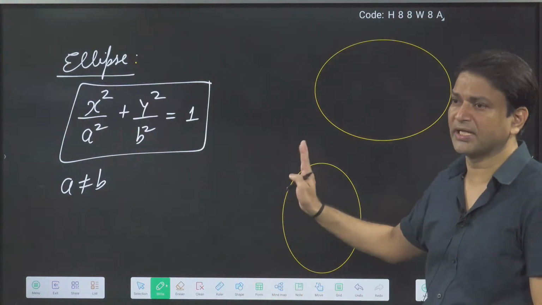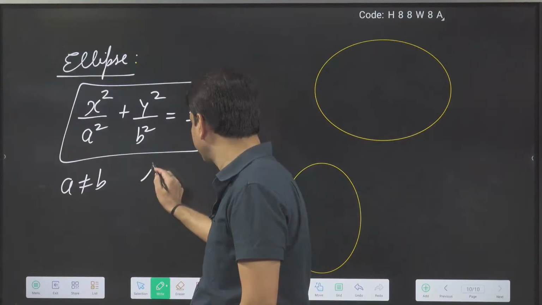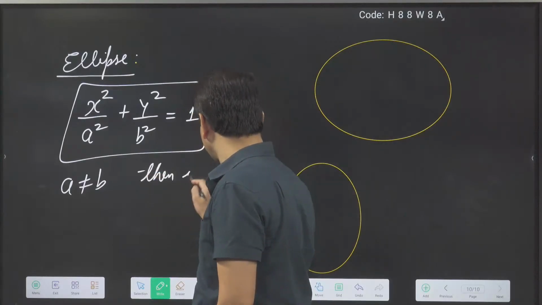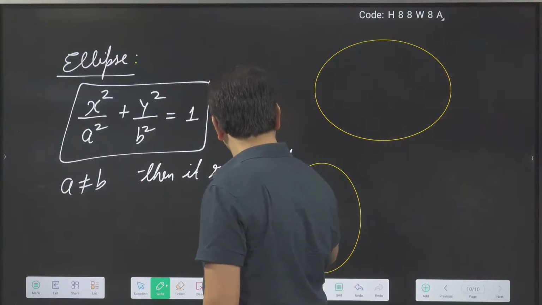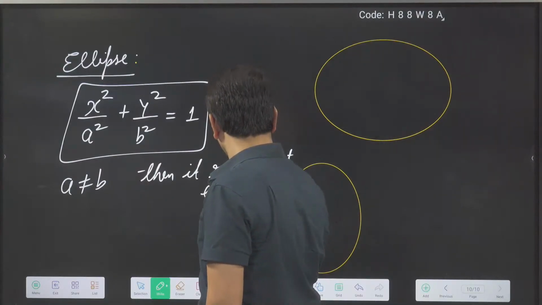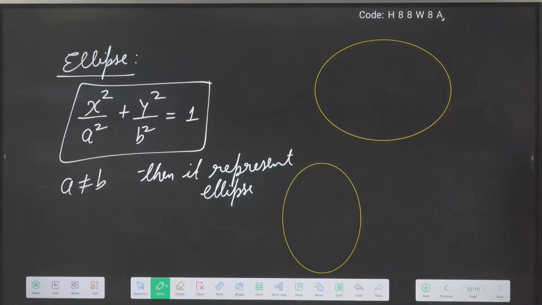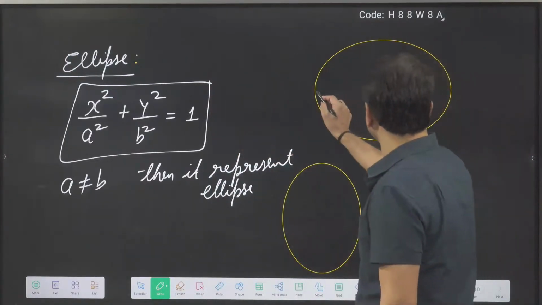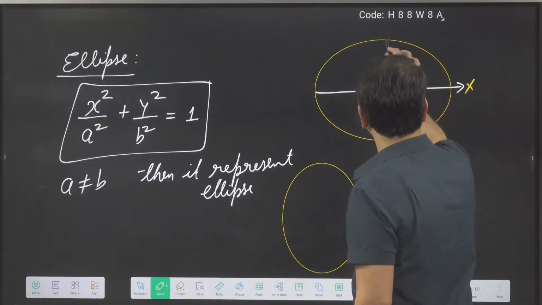Then it will be the equation of an ellipse if a and b are different. So a is not equal to b, then it represents an ellipse.